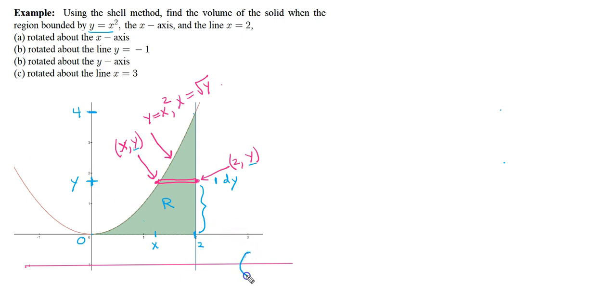So now we want to rotate around that line instead of the x-axis. Now notice this line is parallel to the x-axis, so we're still going to be integrating with respect to y. So our volume, 2 pi.